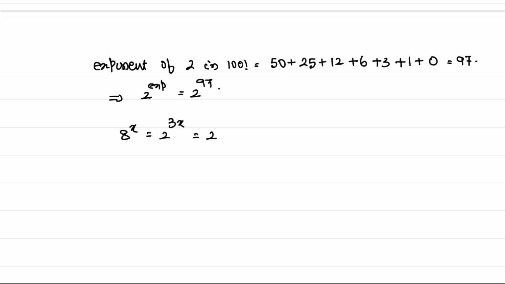That is equal to 2 to the power of 97. That implies 3x is equal to 97. That implies x is equal to 32 point something. Because we wanted x as an integer only, therefore x is equal to 32. This is the first answer we have got.